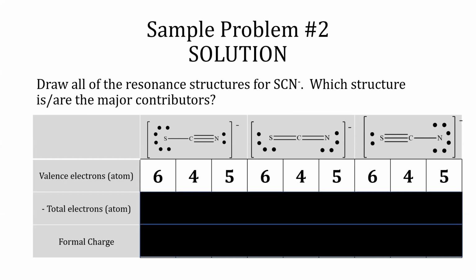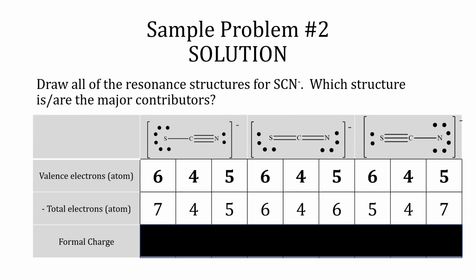After taking the total electrons as described per structure from S to C to N atoms, for the left structure it is 7, 4, and 5, middle structure is 6, 4, and 6, and right structure is 5, 4, and 7.